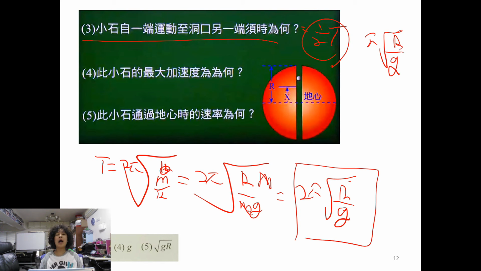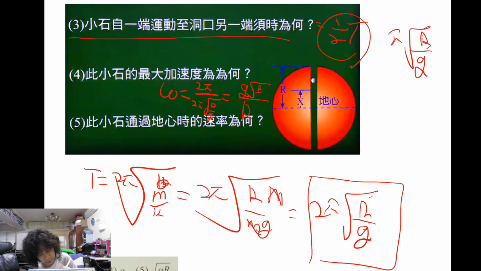Omega equals 2 pi divided by T. So omega equals 2 pi divided by 2 pi square root of r divided by g, which gives square root of g divided by r.